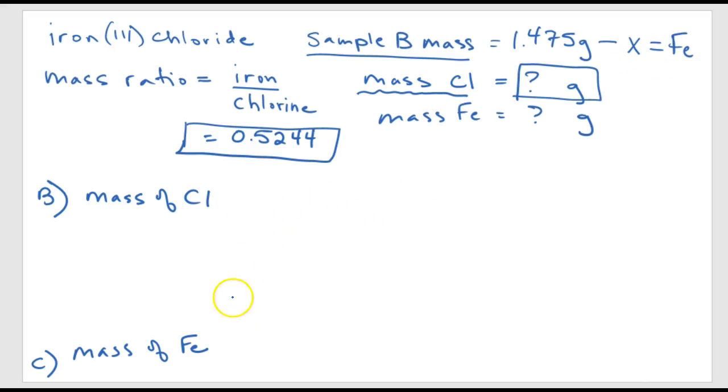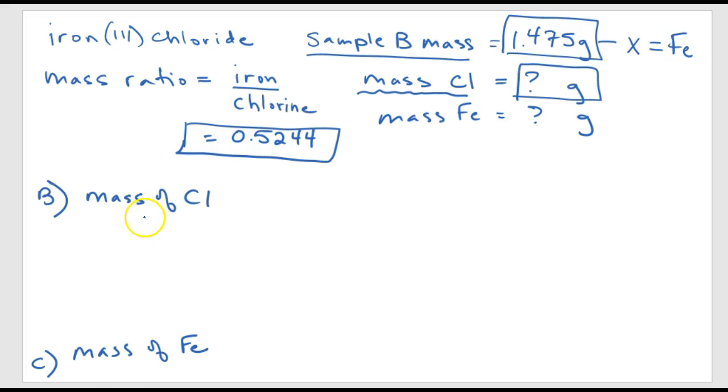So just so you see where we're going with this, once you get the mass ratio, you can then use the total mass of the sample to find one of the masses, which in this case is going to be chlorine, and then once you have the chlorine mass and the total mass, you can just subtract the chlorine mass from that and you'll get the iron mass.